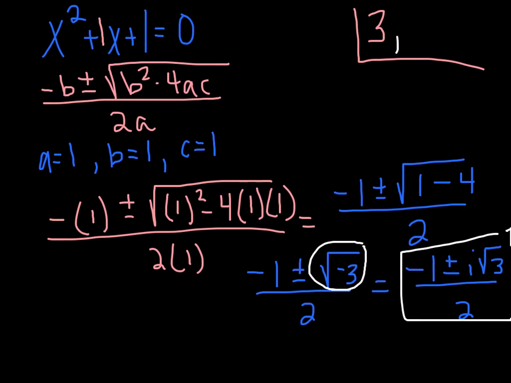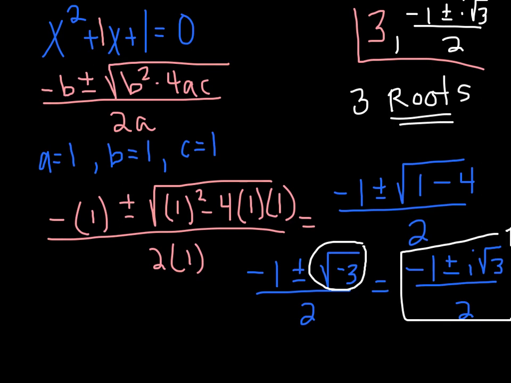So we have 3, and we have -1 plus or minus i radical 3 over 2. That is 3 roots altogether. Now, again, the key word here is roots. It did not say anything about rational roots. So from here on out, we're going to find all roots for the polynomial equation.